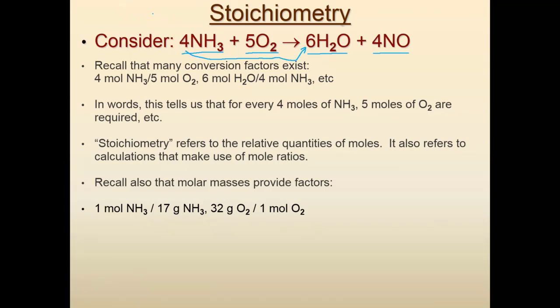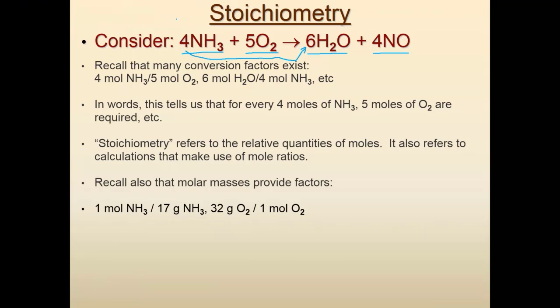For example, 4 moles of NH3 is about 68 grams. 5 moles of oxygen, by comparison, is about 160 grams.